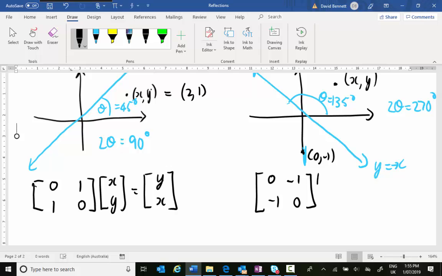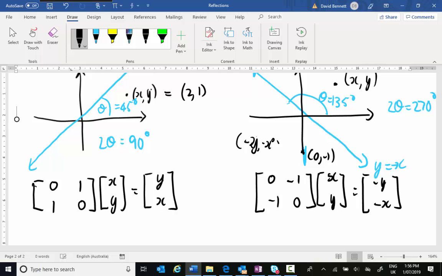Alright, I'm going to multiply that by x and y. When we multiply that, it's going to be 0 times x, minus 1 times y, which is minus y. Minus 1 times x is minus x, 0 times y, so that's going to be minus x there. So that's going to be minus y, minus x.